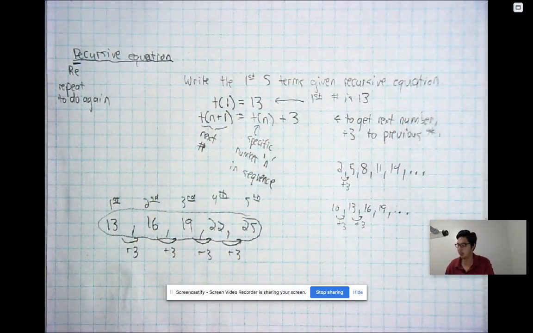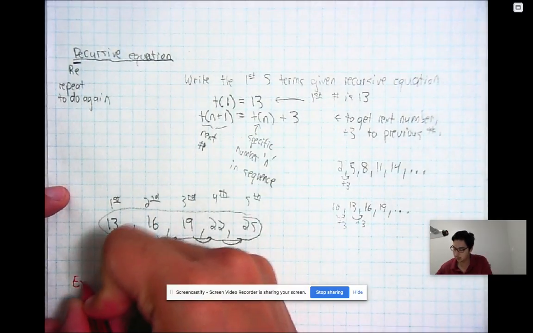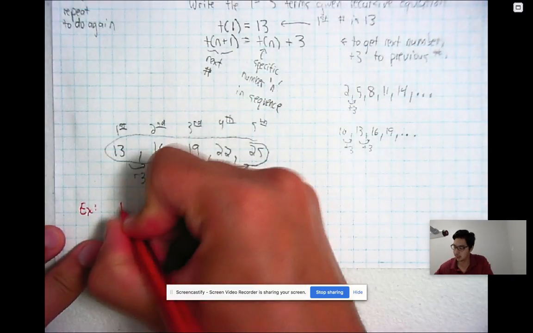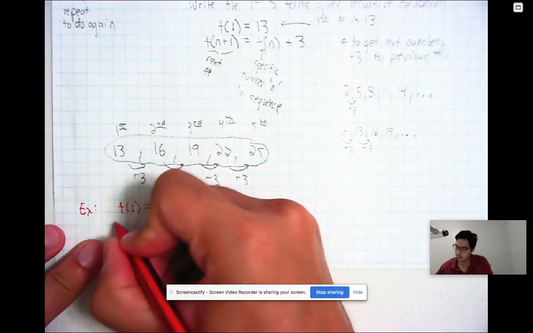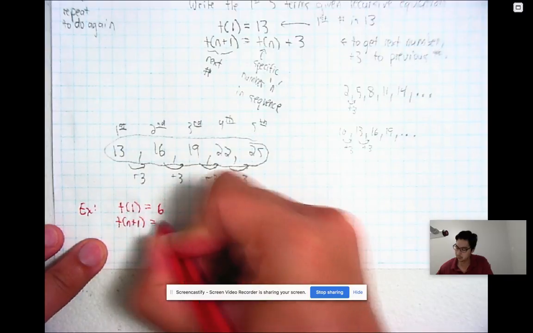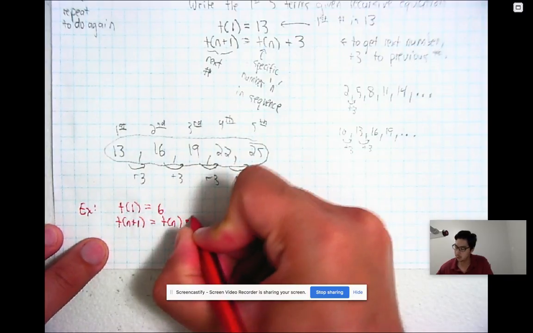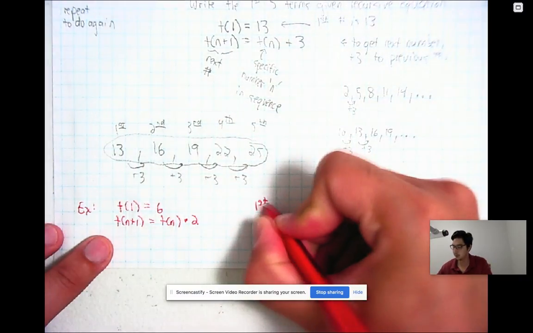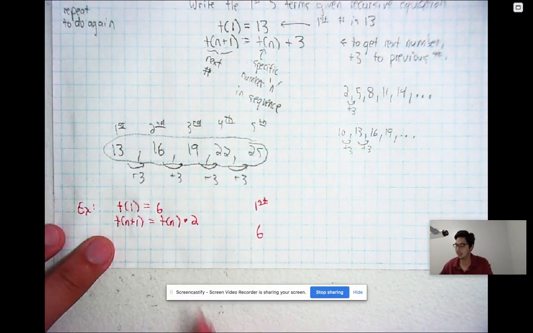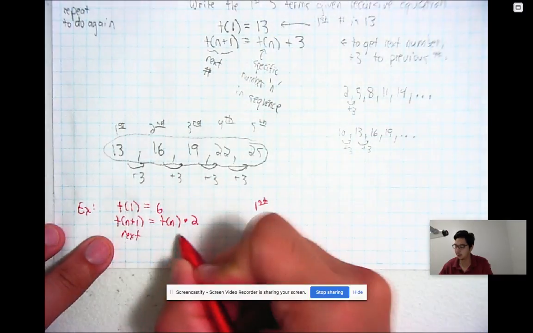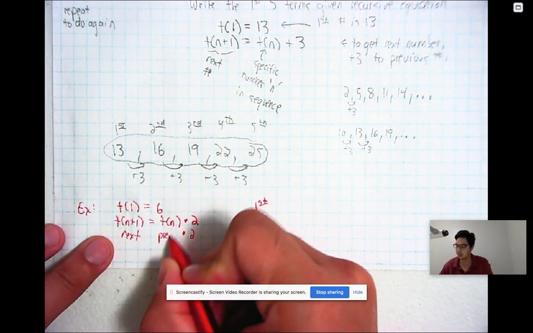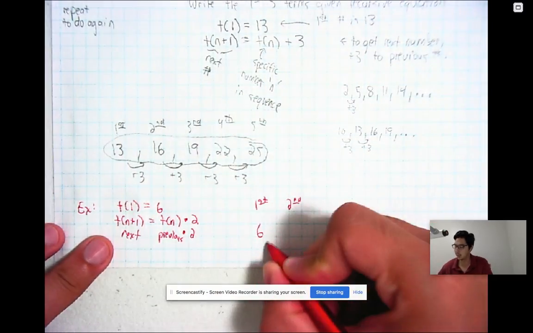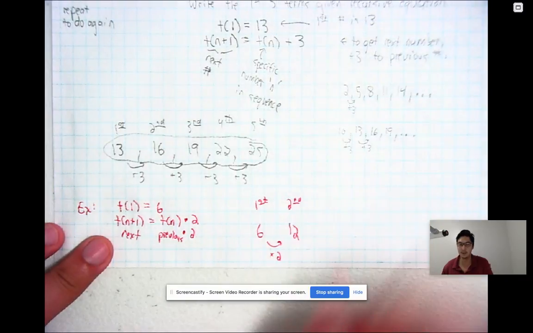To look at one more example to help you understand this a little better before you try it yourself, say you have an example where it says t of 1 equals 6, t of n plus 1 is equal to t of n times 2. The first one's saying that the first number is 6, and then it's saying to get the next number, we're going to times the previous number by 2. So the second number is 12.